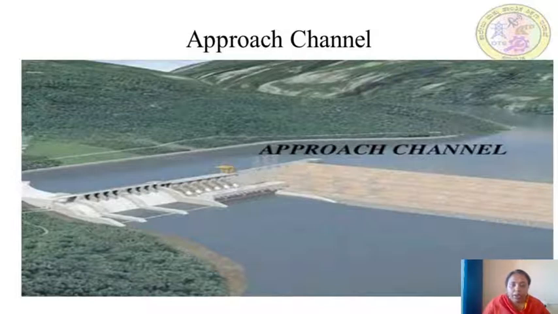And these are the pockets. These are the small pockets which mainly hold the water so that the silt settles down and the canal draws water from the still pond of the pocket. So this is the approach channel which you can see in the figure.